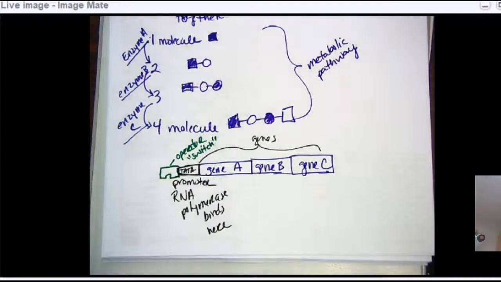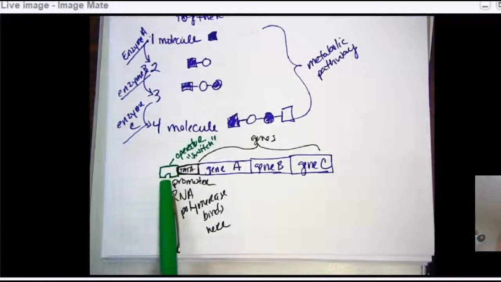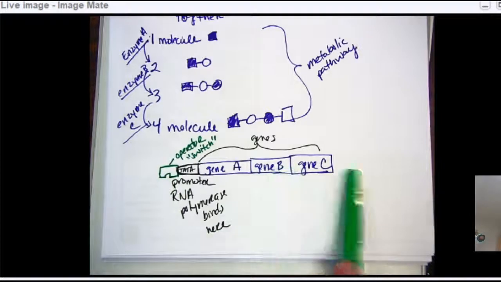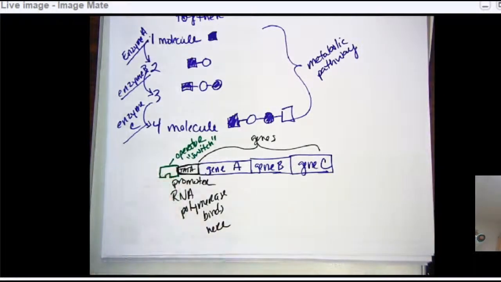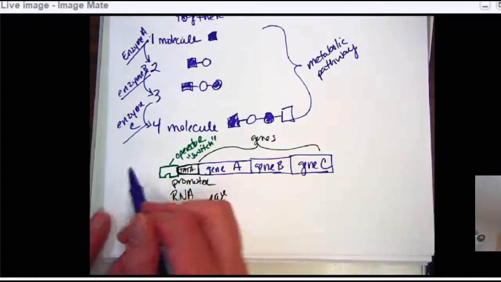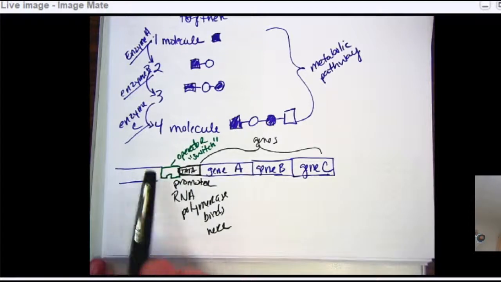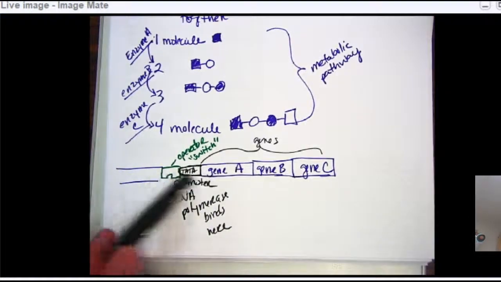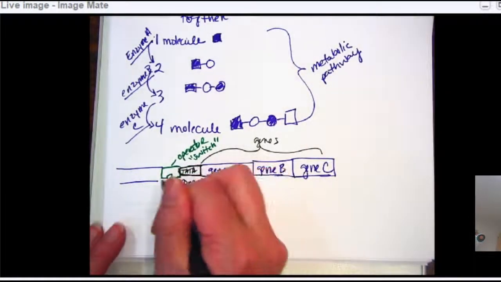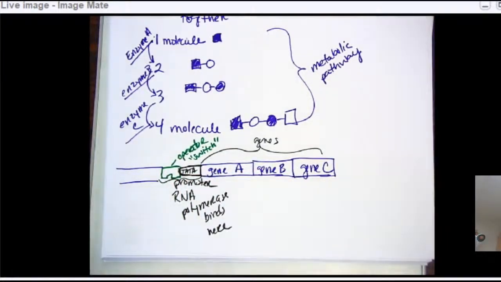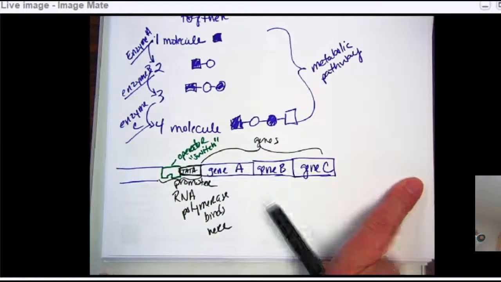Depending on whether the operator is switched on or off, we can have transcription occur. So there's no reason why RNA polymerase can't bind, go through this promoter region, because the operator is part of this promoter region, and do transcription.